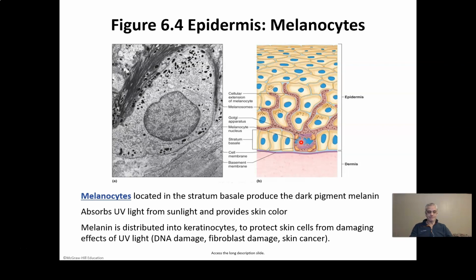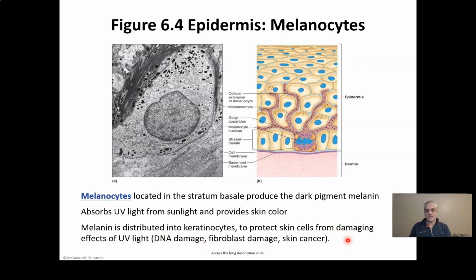That's it. Now, of course, the melanin is there, as it says here, to absorb UV light from sunlight, and it provides a skin color, but it provides a level of protection to the epidermis. It protects skin cells from damaging effects of UV light.